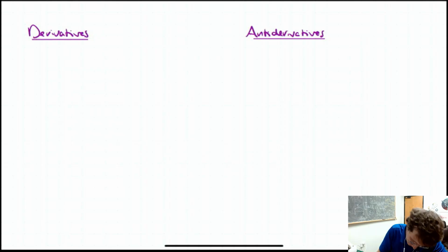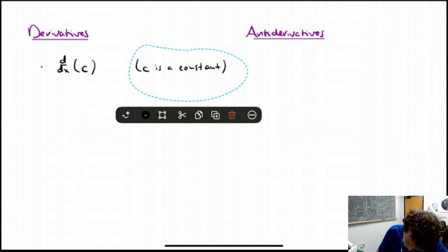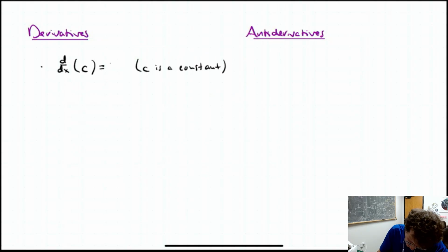Okay, so I'm just going to write down the derivatives of every function that I can think of. We might have a constant function. The derivative of a constant function is 0.